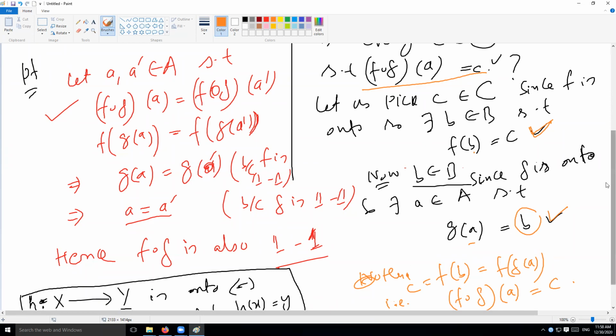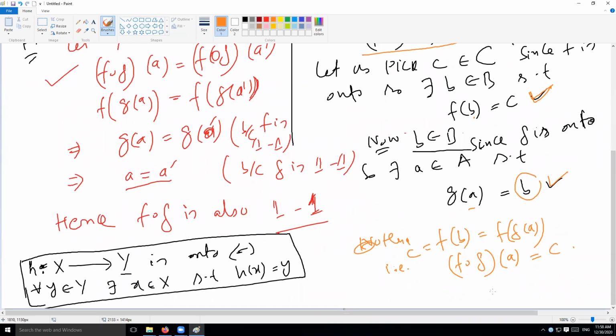So that really shows that F composition G is really onto as well.